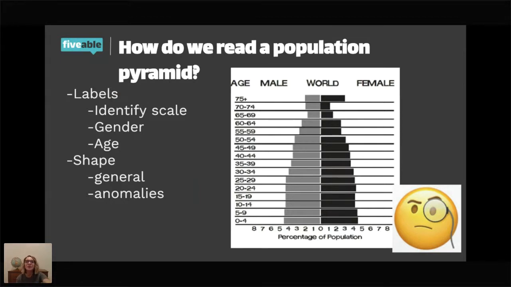The next thing we're going to look at is the shape. So yes, they're called population pyramids, but they're not always going to be shaped like a pyramid. If you look at this one, we have a pretty consistent structure through the majority of this population pyramid. It's not really until we get into our upper ages that we start to see a real shift in the shape of the pyramid.